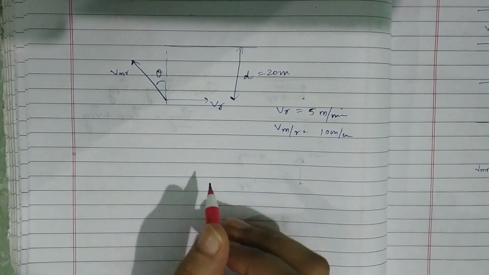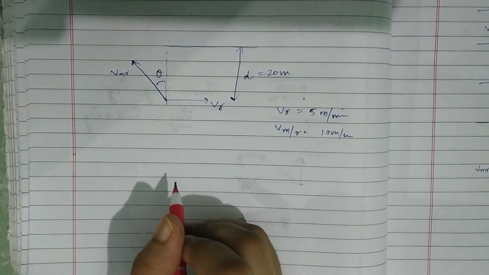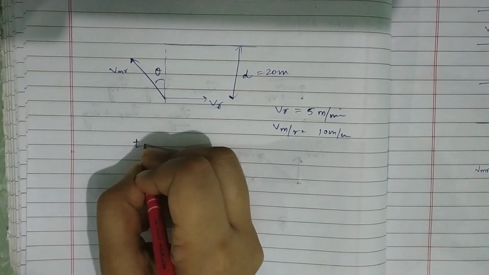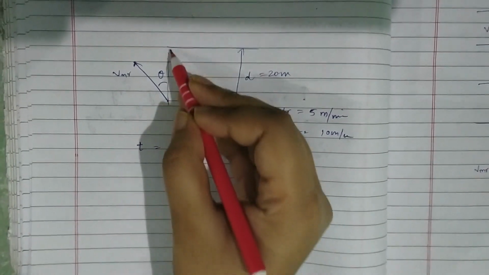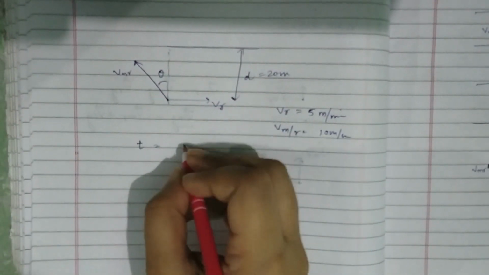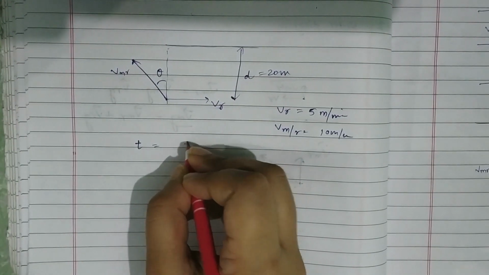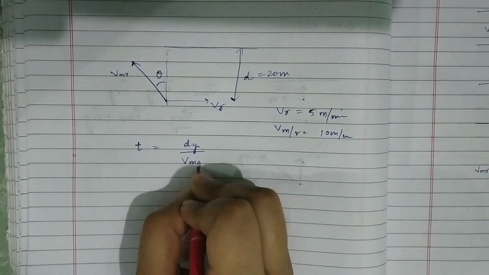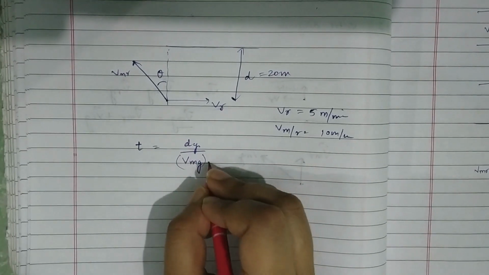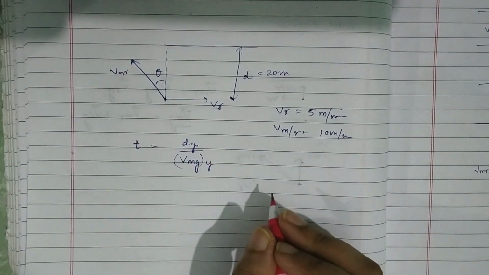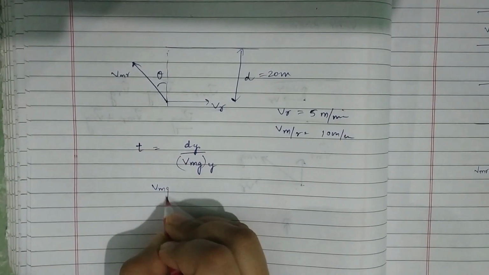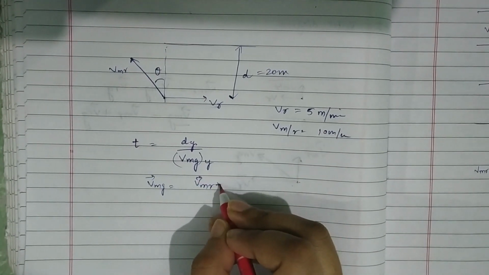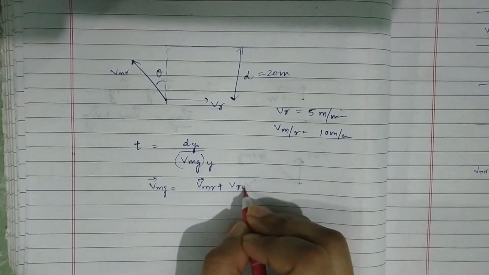Now, if this is the scenario, the time it takes to cross the river from here to here will be the distance in y direction divided by the final velocity of man with respect to ground in y direction. Now we should understand that velocity of man with respect to ground is nothing but VMR plus VRG, this is the vector sum.